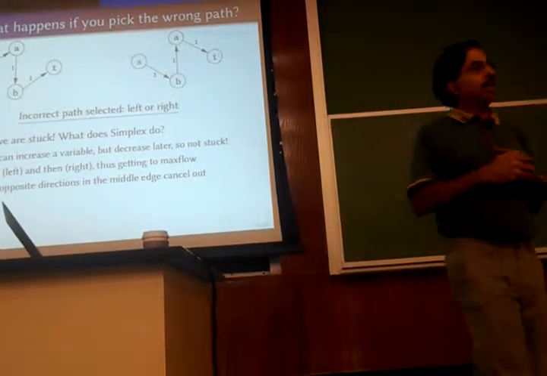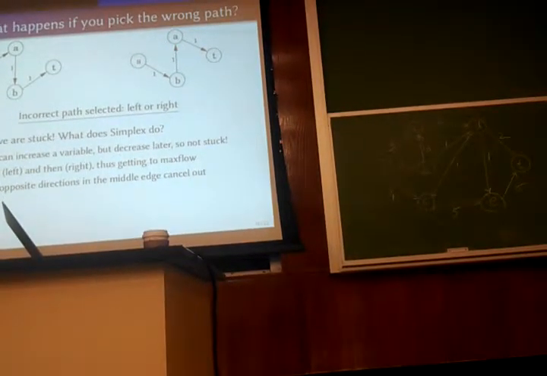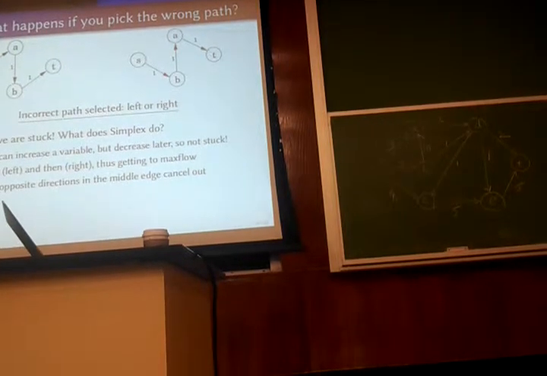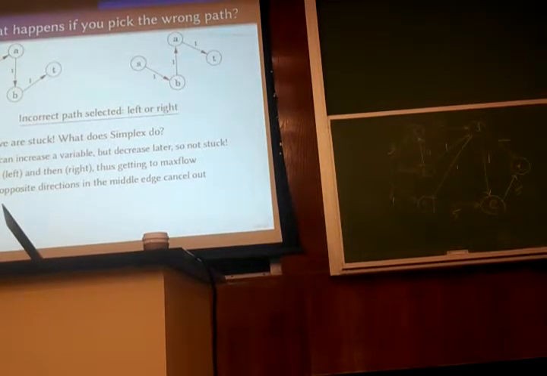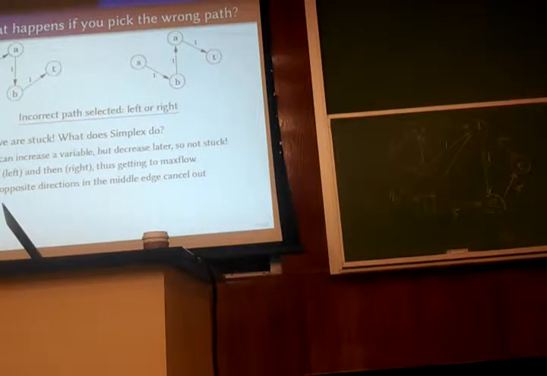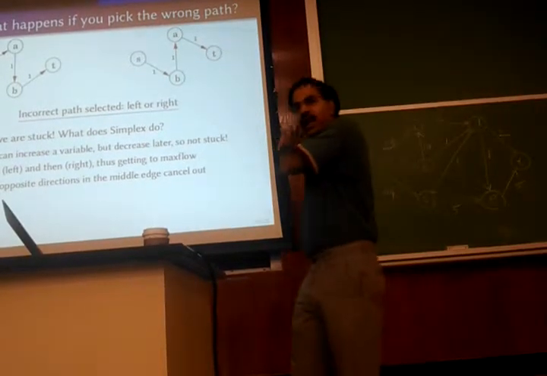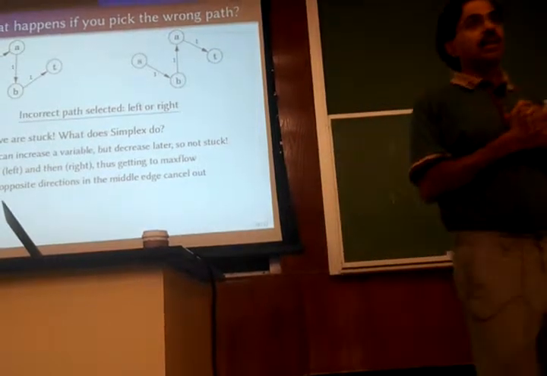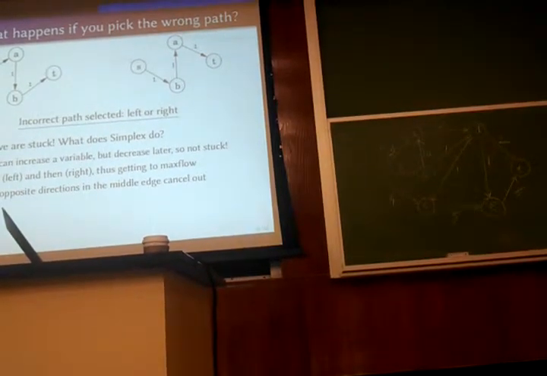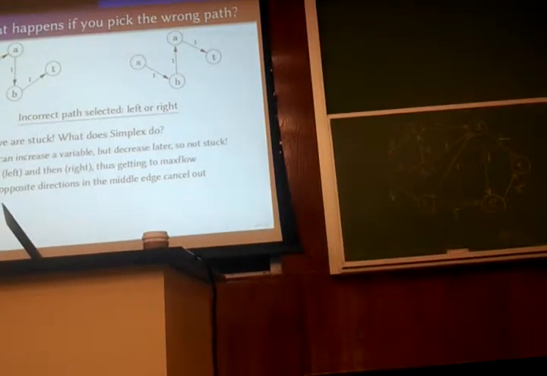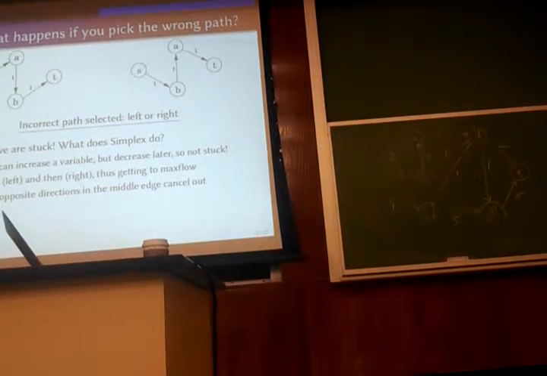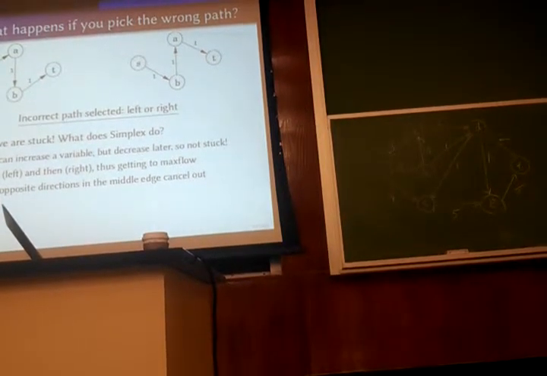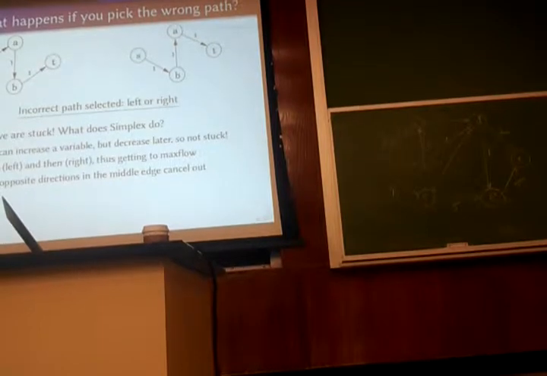So the way we tend to think, we made a wrong choice of a path and we are stuck. But of course, if you don't think of it in graph terms, and you think of it as just a linear programming problem, then it's not the case that you're stuck, right? You are blindly going from one vertex to the next vertex in this feasible region, right?